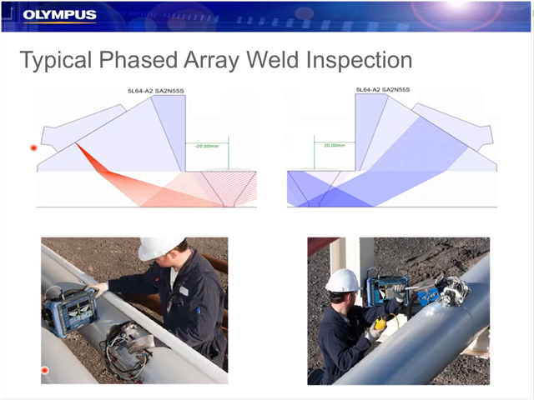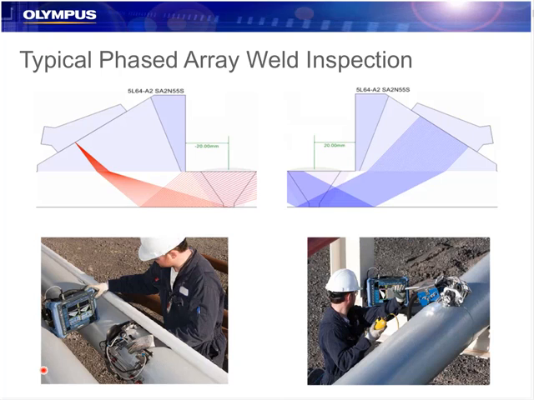A lot of us in the last couple of years have become really familiar with phased array inspections. We're looking mainly at weld inspection here. Typically when we use a portable OmniScan type unit or even an industrial type unit, we're using two types of inspection: usually a sectorial multi-angle scan, or a linear or electronic scan where we use a fixed angle and a number of elements and fire to get that angle.